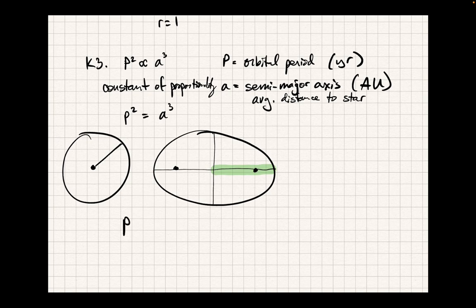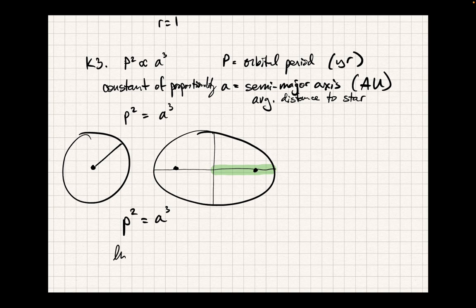So let's take our p squared equals a cubed, and let's apply log to both sides. So who can help me with that? One step at a time. How do I apply log to both sides? I'm going to use natural log, just for no reason.